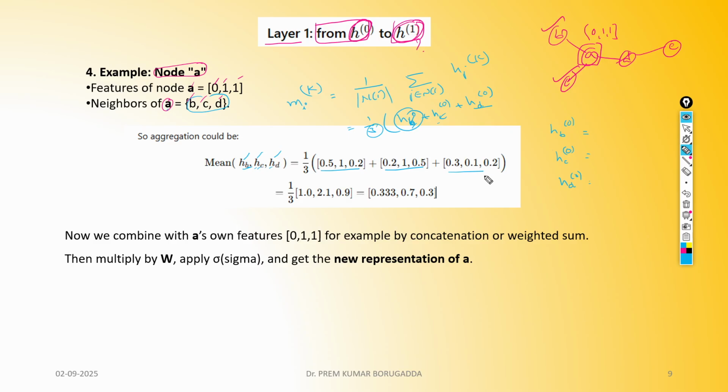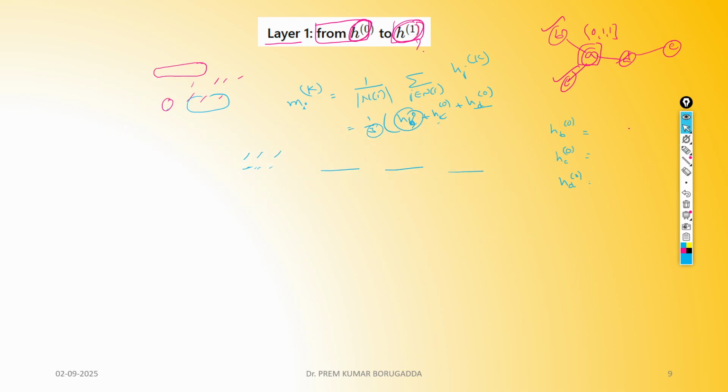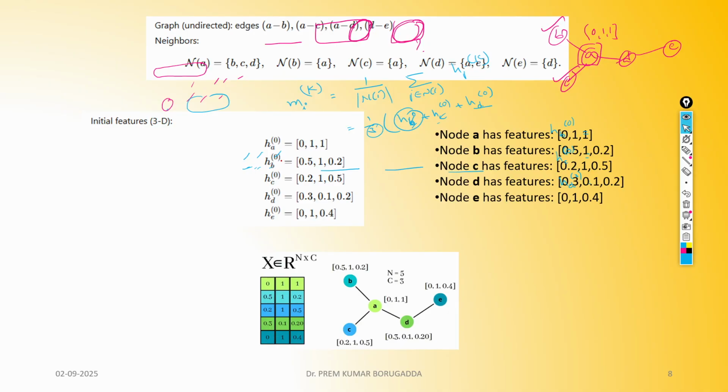I will show you the previous slide. You can see here h_A of 0, h_B of 0, h_C of 0, and h_D of 0.